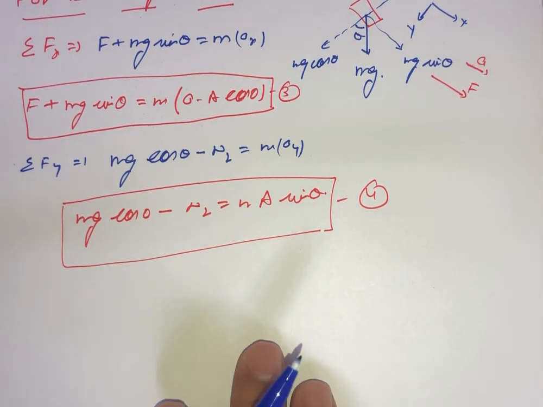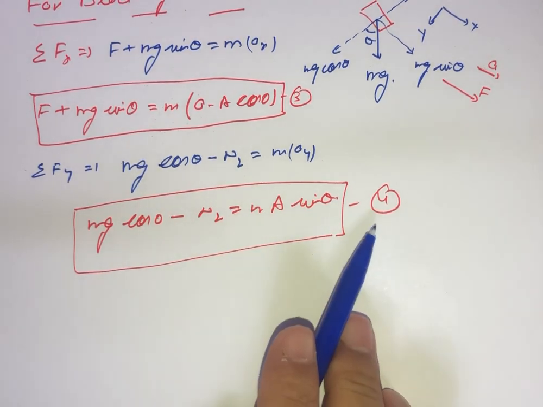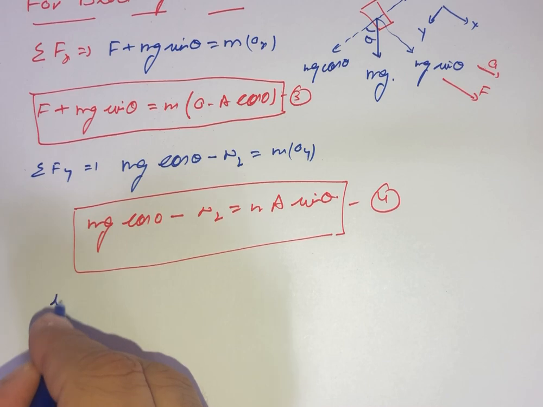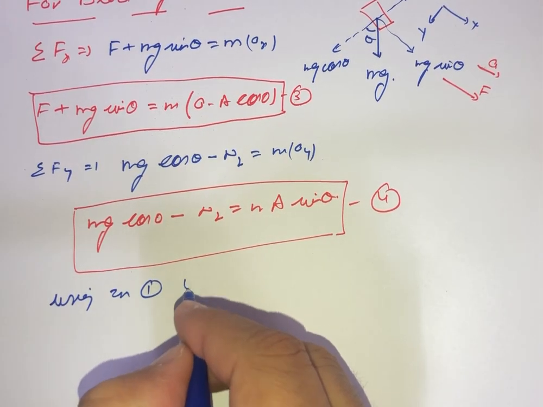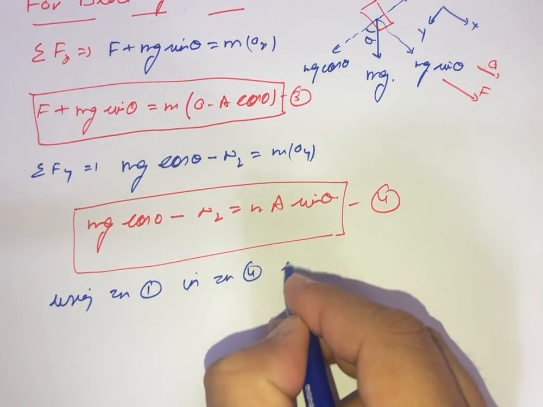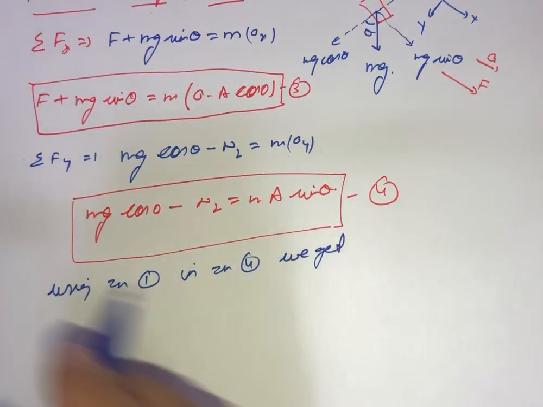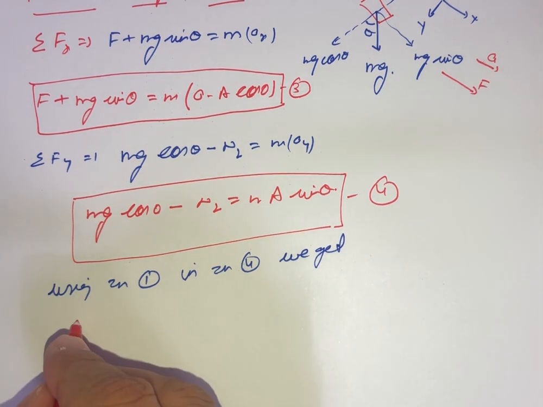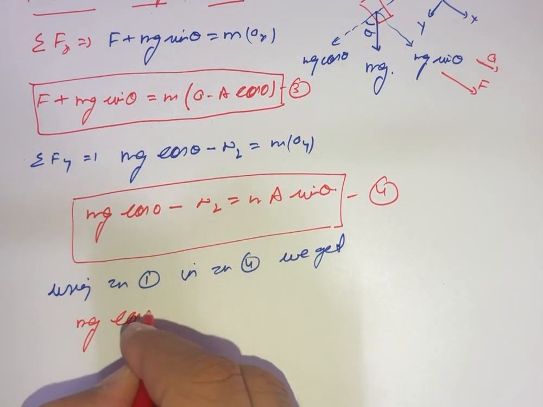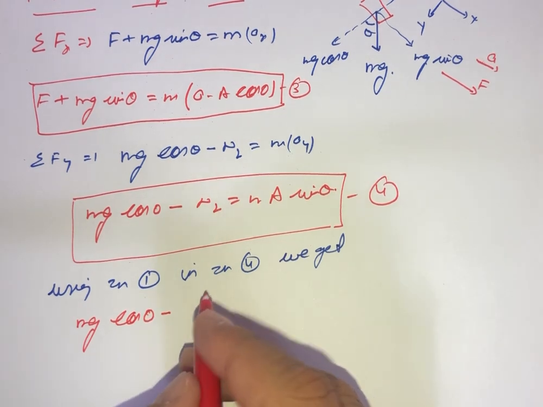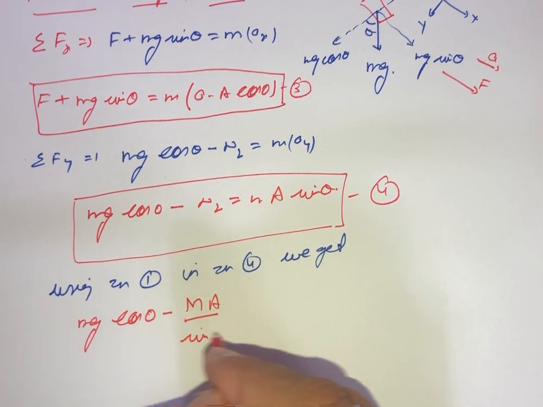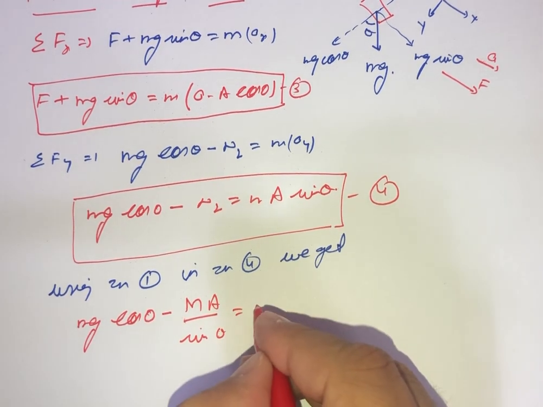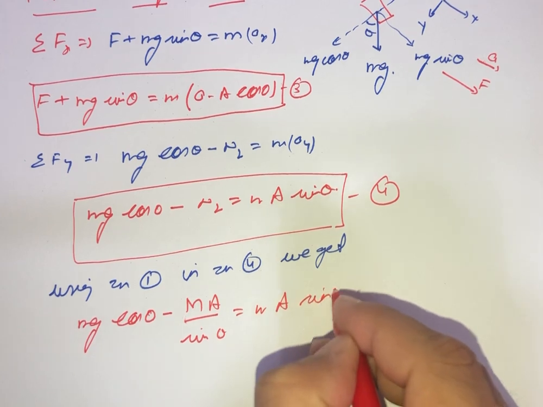So we already know the value of N2. We substitute the value of N2 from equation 1 in equation 4. Using equation 1 in equation 4, we get mg cos theta minus, and N2 was Ma divided by sine theta, is equal to ma sine theta.